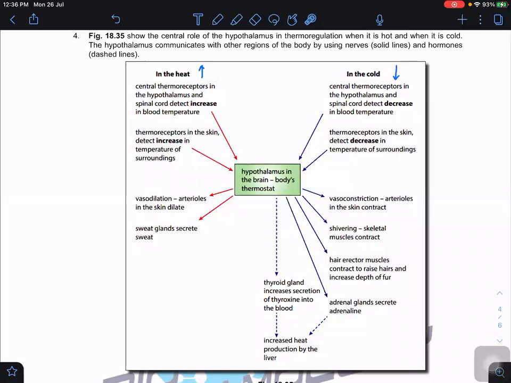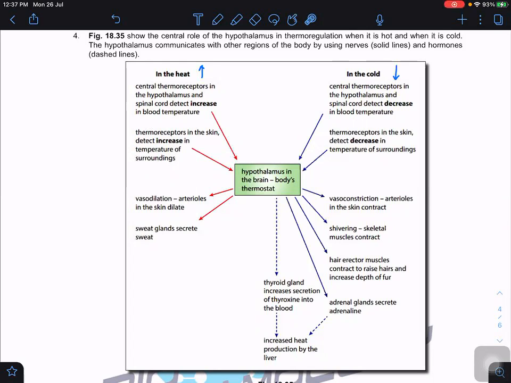On to the next topic. When the body temperature is low, again we have the thermoreceptor in the hypothalamus and also the thermoreceptor at the skin. The skin detects the decrease in temperature and sends the input to the hypothalamus, which is the control center.